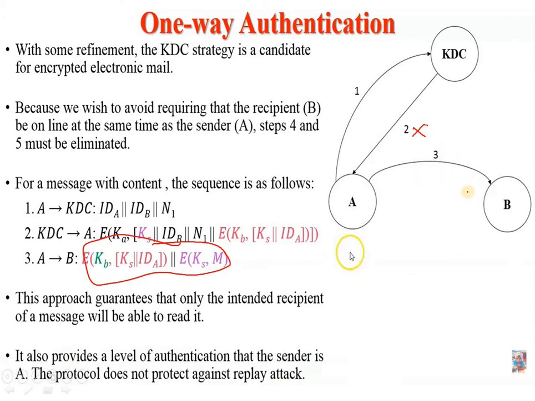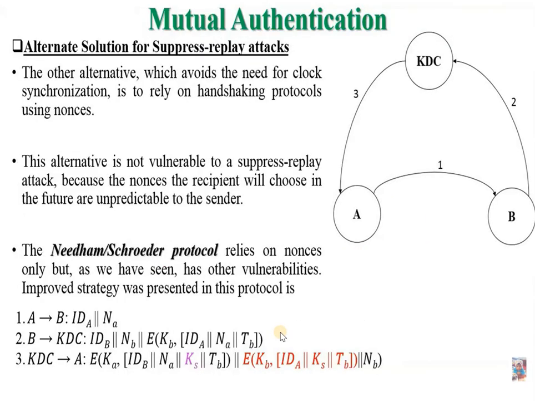B will think this message comes from A only. If we do the same thing again and again, it becomes a replay attack. So we can't avoid the replay attack here, and the replay attack possibility is there again. So what is the alternate solution?